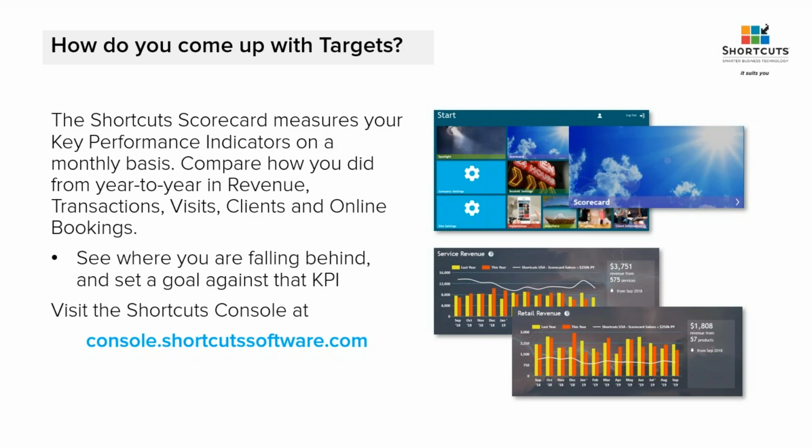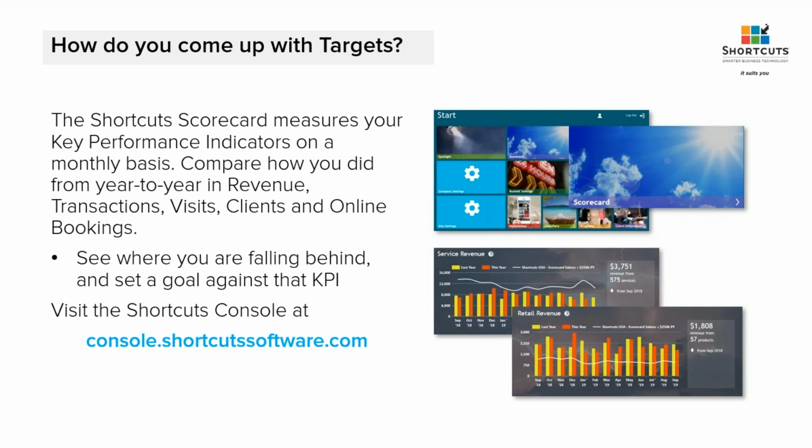But for those that have been using the console, have been using our online services, when you go to Scorecard, the major key performance indicators for your business, we're looking at revenue, transactions, visits, and this is time between visits, clients, so client retention, client totals, and online bookings. So you can actually see, how did my business do last month with regards to any of these specific key performance indicators.